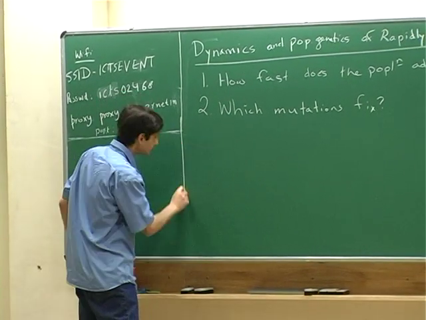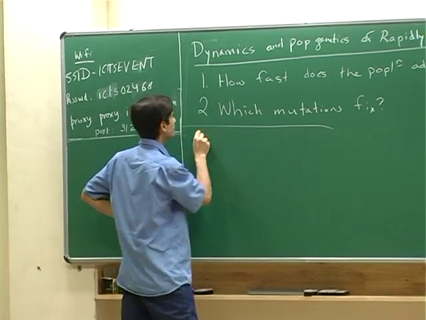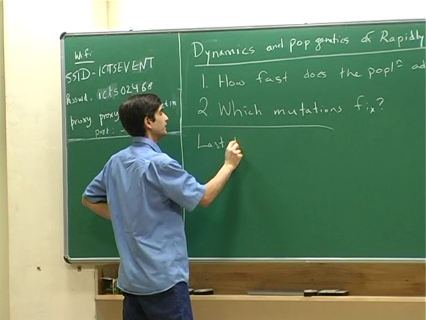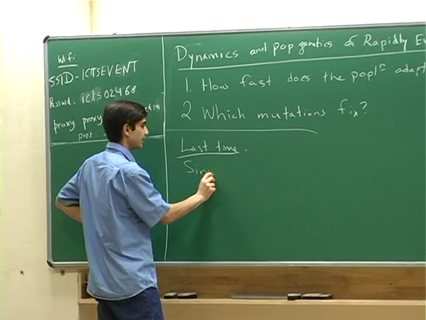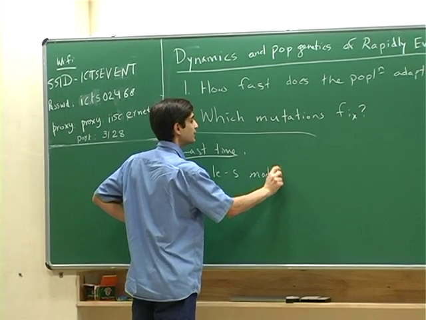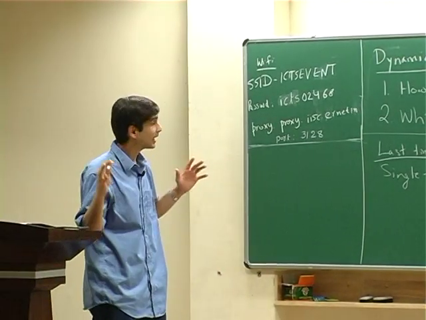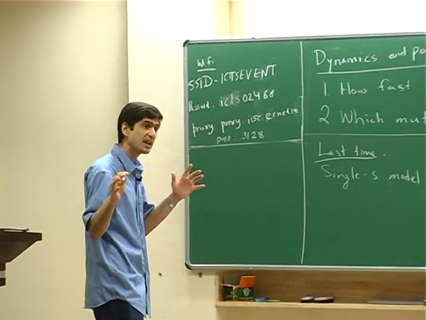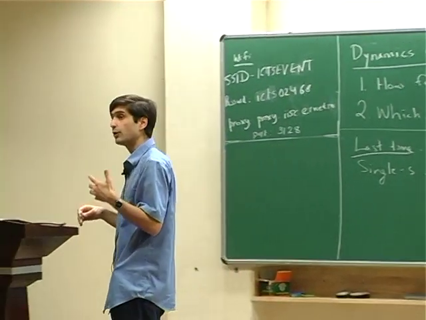So if you remember from last time, we started by talking about a single S model, where we only had beneficial mutations of some characteristic fitness effect S, and we talked about the traveling wave in this discrete space where individuals had some discrete number of mutations.